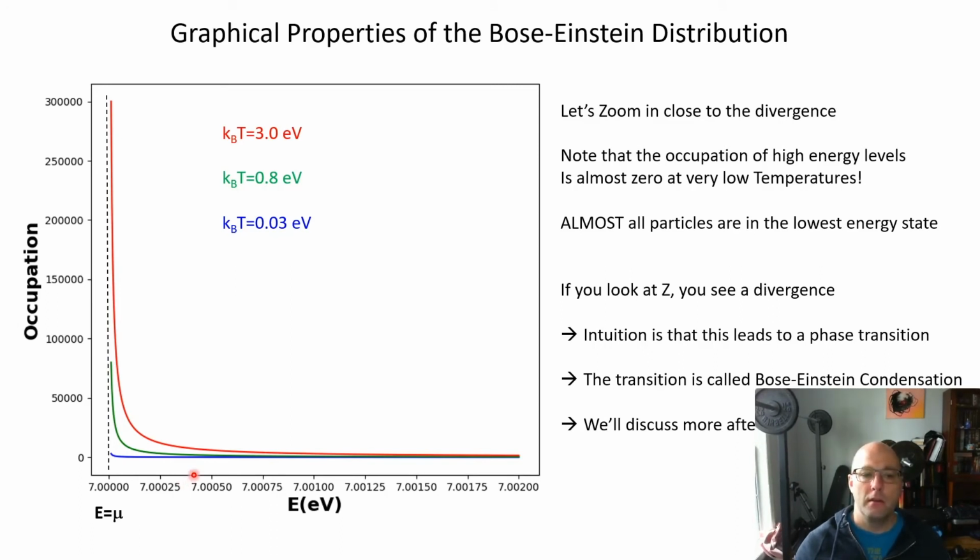This is a characteristic of this phase transition, but basically, as you lower and lower the temperature, a larger and larger fraction of all the possible particles are in this one energy level and basically behave as one quantum wave function, possibly containing 10 to the 23rd particles.